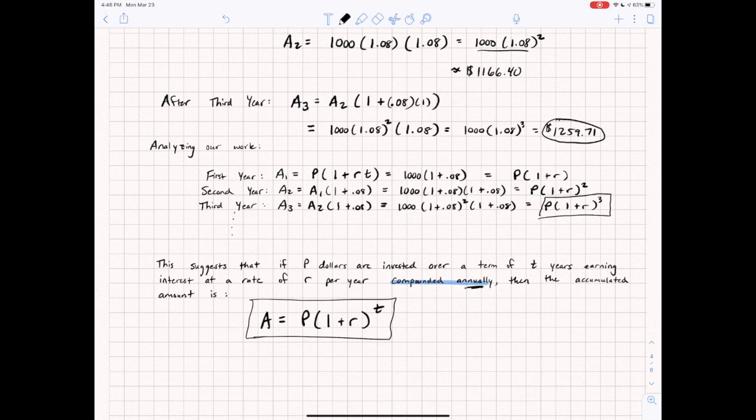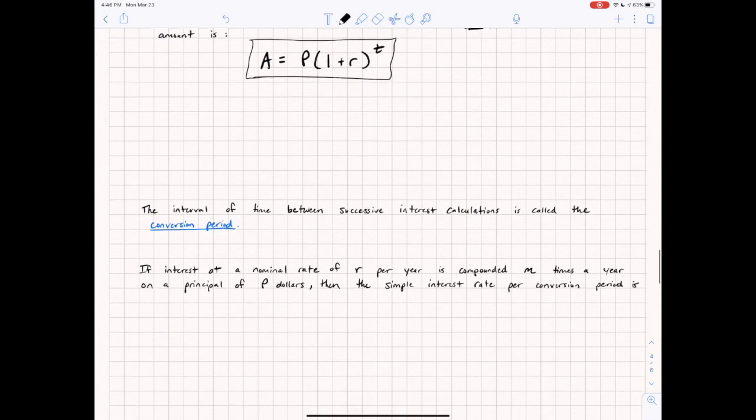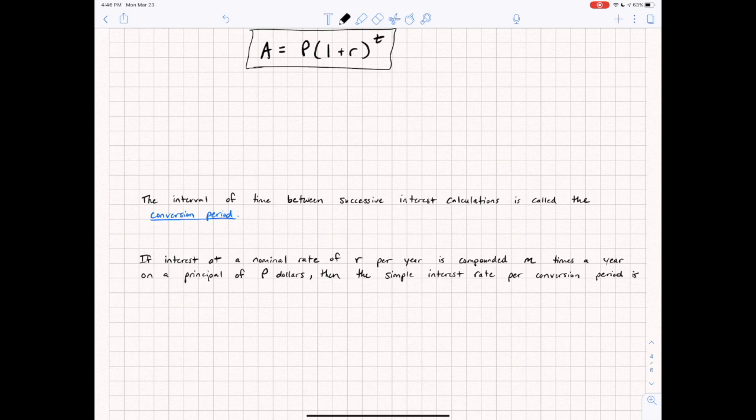A lot of companies actually compound more frequently than just annually. You could see quarterly, semi-annually, monthly, daily, and those values again, 365, etc. And so there's a couple more terminology, and this is going to be a little bit different than what you may have seen in previous classes.